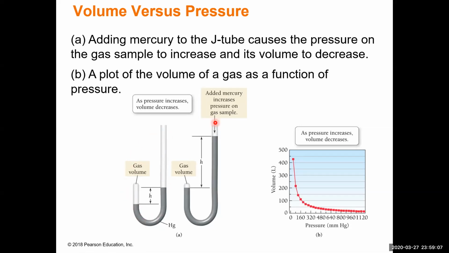Now we add some mercury, and by adding mercury, we're causing the pressure of the gas sample to increase and the volume to decrease. Plot B looks at the relationship between volume and pressure, and we see that as volume is decreasing, pressure, which is our x-axis, is actually increasing.